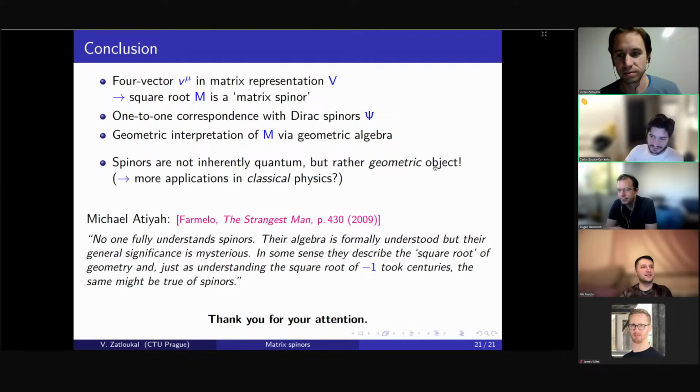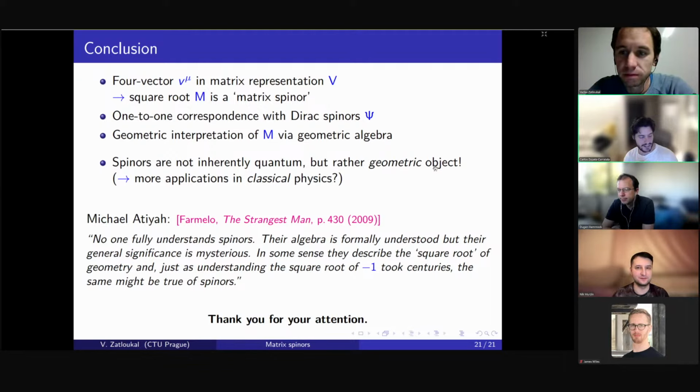And just to add to your quote here, this is not only a quote, I can attest personally. I was Michael Atiyah's research assistant for maybe 2.5 years before he died, just at the end of his life.